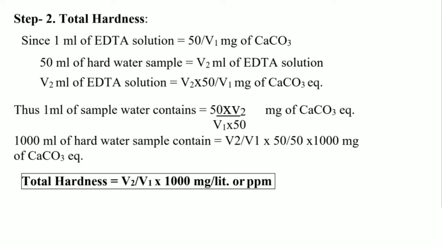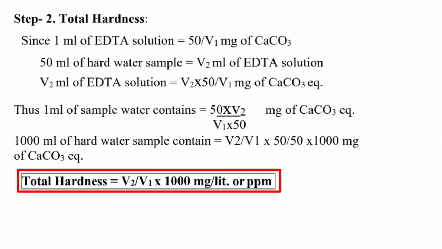Thus, 1 ml of sample water contains 50 upon V1 into V2 upon 50 mg of calcium carbonate equivalent. 1000 ml of water contains V2 upon V1 into 50 upon 50 into 1000 mg of calcium carbonate equivalent. The total hardness is equal to V2 upon V1 into 1000 mg per liter or ppm.